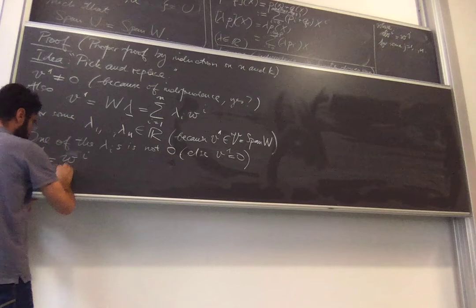So I want to show that there is a set mu i, with i going from 1 to n. Here I'm going to write the sum from 2 to n with these w's, and the first one is going to be mu1 v1, which I've replaced instead of this wi. That's what you need.